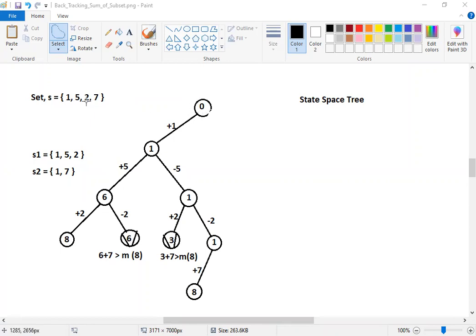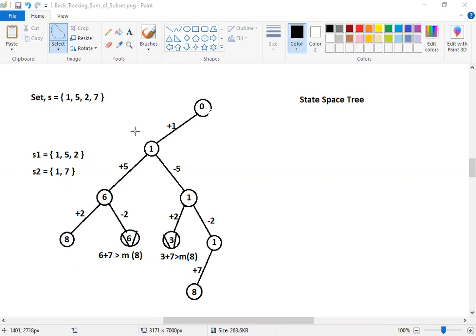Now what we can do is draw the right child from the 0th node, wherein we will not include the first number, that is 1, in the subset. We will exclude this 1 from the subset, and then we will keep on drawing the right child tree of 0.